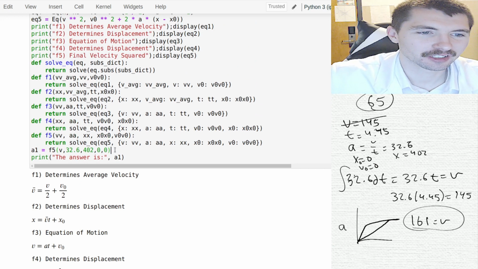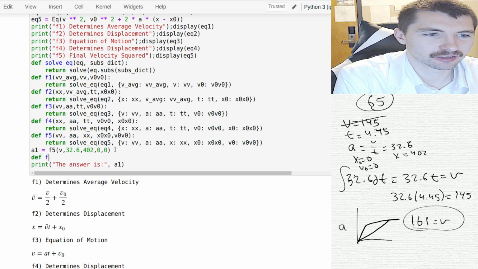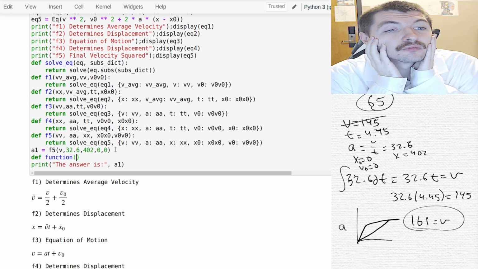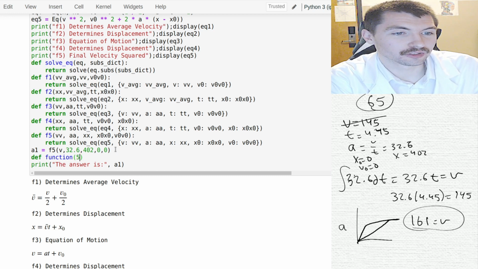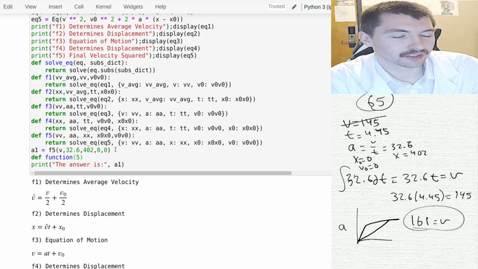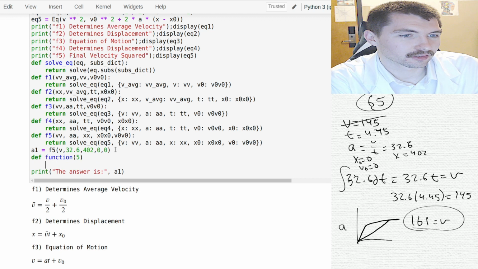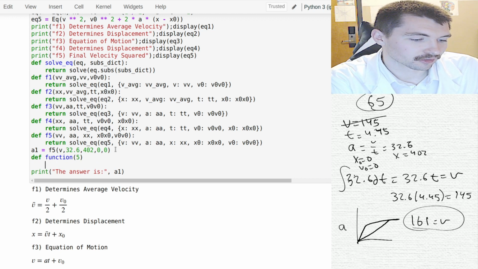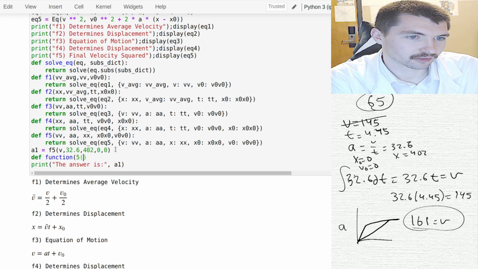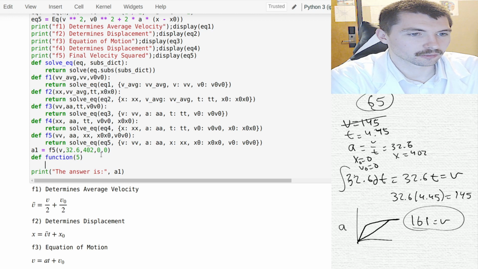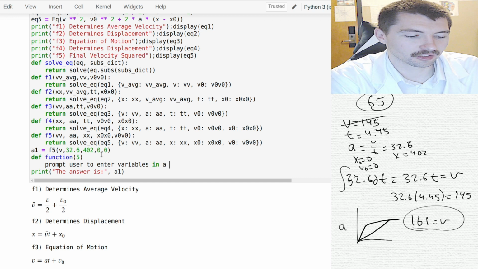I'm thinking if I could have a function where I choose like 5 and then it prompts the user to enter variables in a text box.